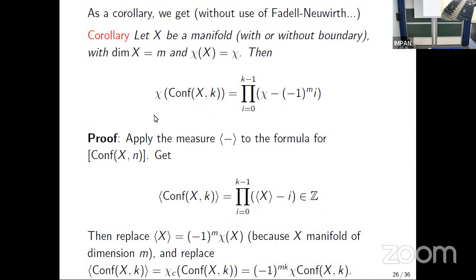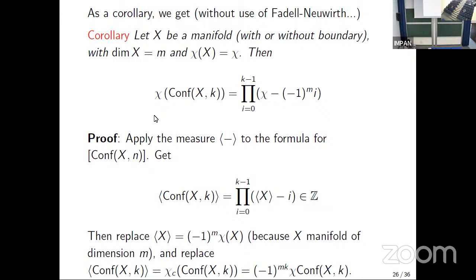That's it. So how do you get the Euler characteristic from the Grothendieck class? You apply your motivic morphism because it's well defined. It's a morphism into Z. So you replace the previous formula, you replace bracket by this brace.